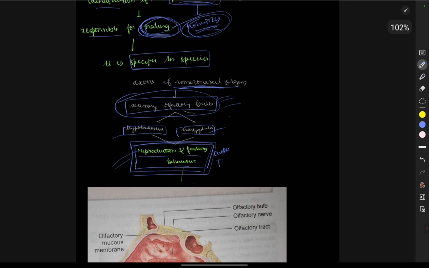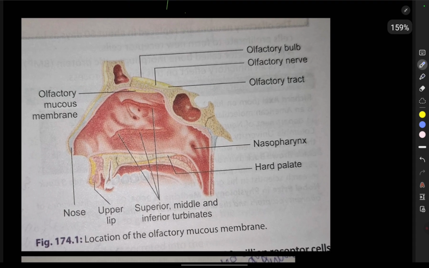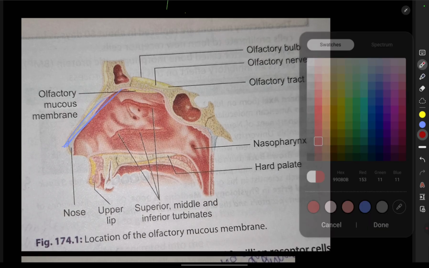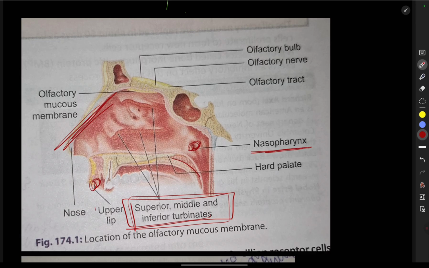Now, talking about the location of the olfactory mucous membrane. Suppose this is your nose, and this is your upper lip. This is the superior, middle and inferior turbinates. This is the nasopharynx, and this is the hard palate.